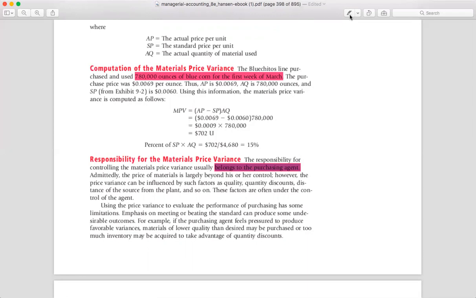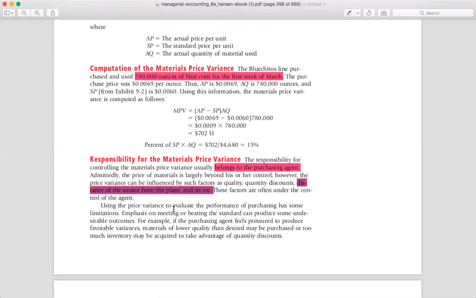The price of the material is largely beyond her control, right? But the price variance can probably be influenced by several factors like quality, quantity discount, or the distance from the source to the plant.